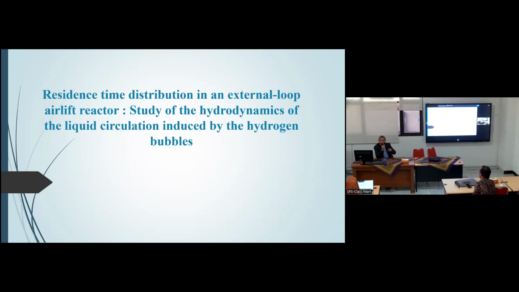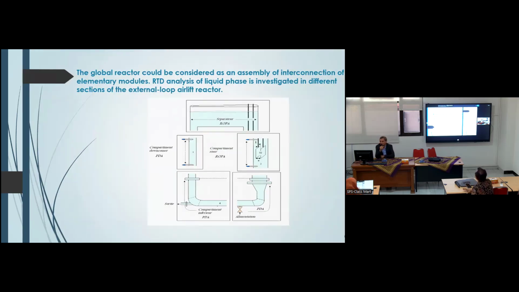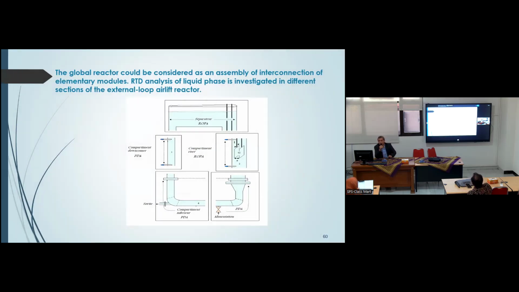Yes, so I can explain. I try to facilitate the explanation, but I present it to give an idea, maybe for the future. For me, the reactor has many parts.